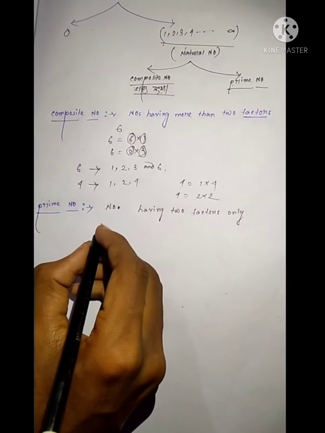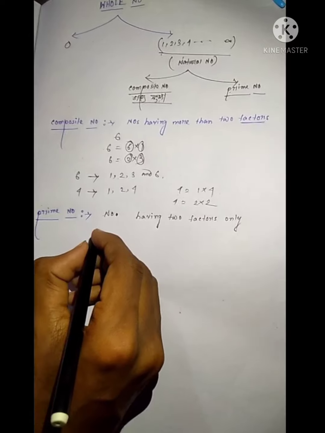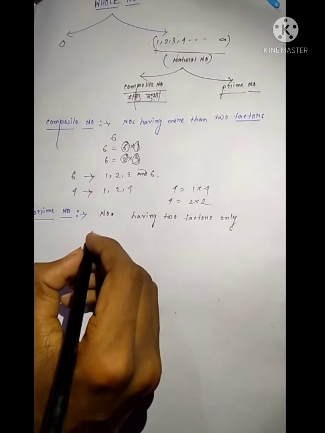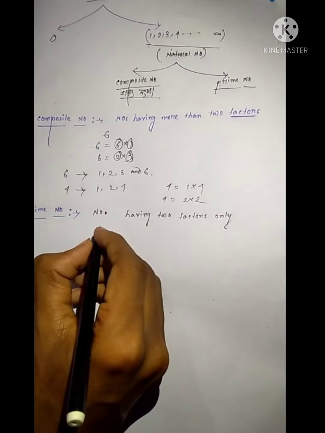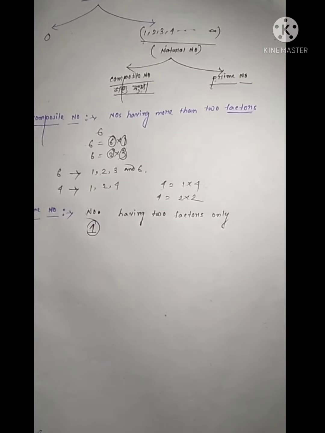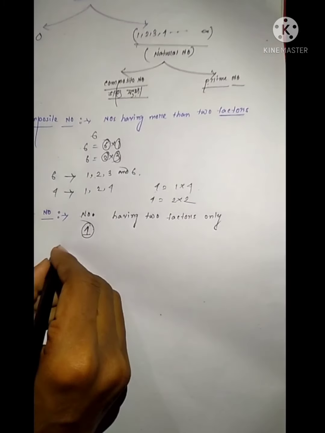What are the two factors? One is the number itself and another one is 1. If I say 3, it has only two factors.